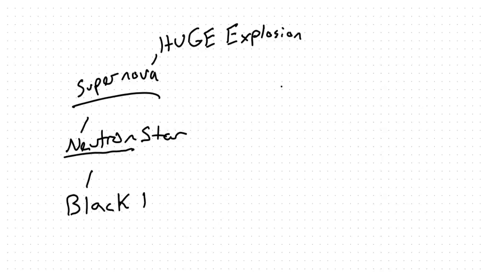Black holes' gravity is so strong that they can actually absorb light. And they emit radiation. That's how we're able to identify them.